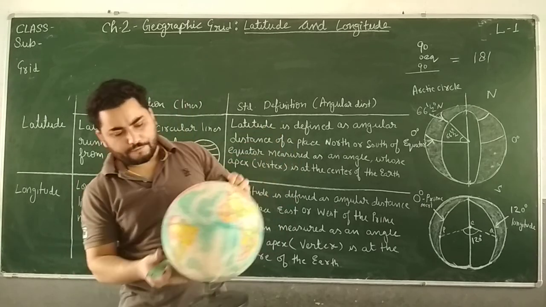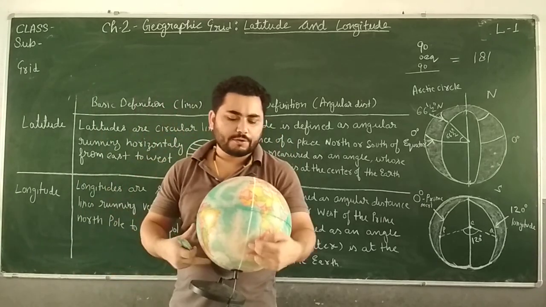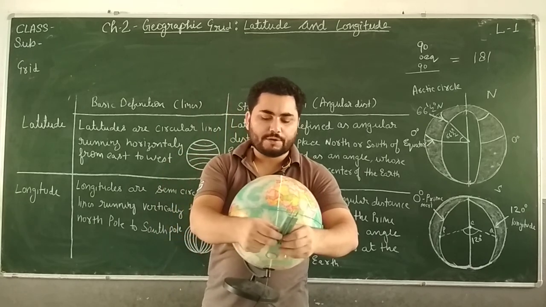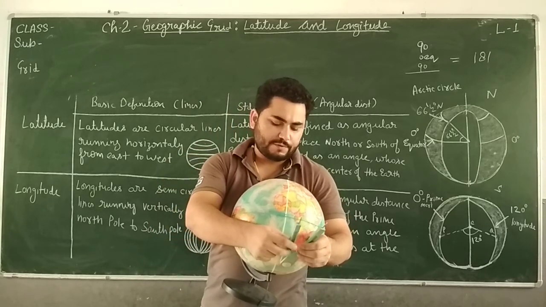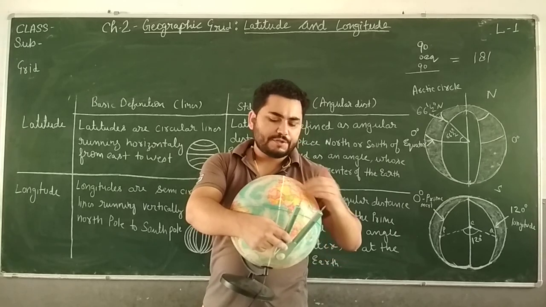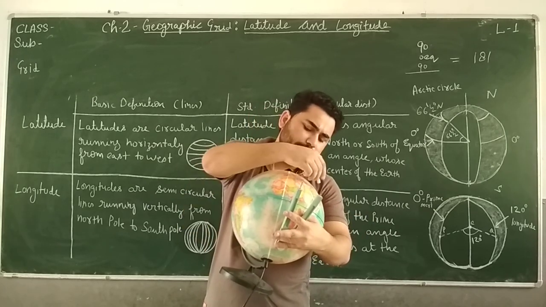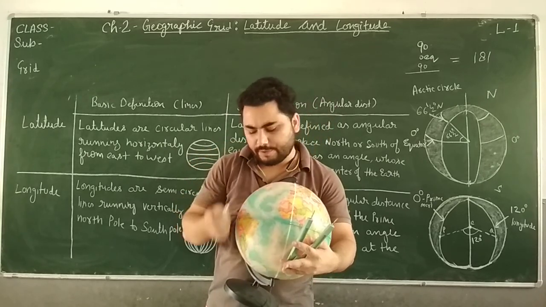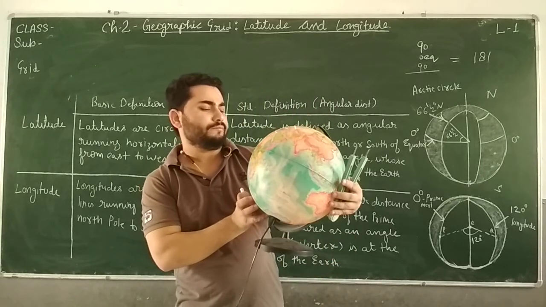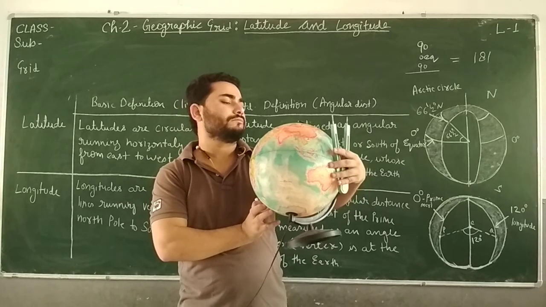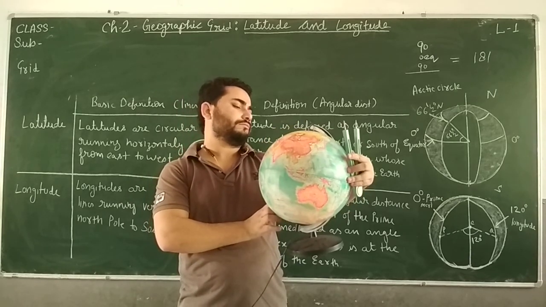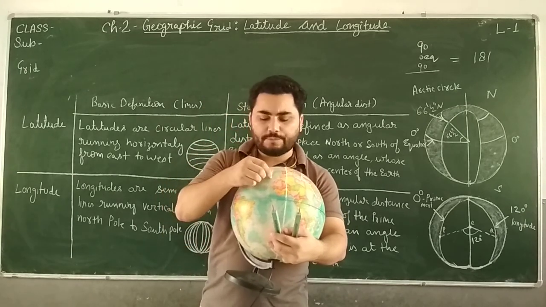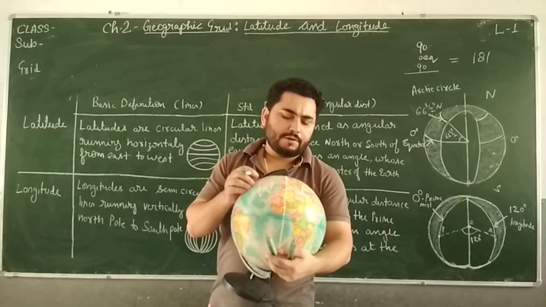Now if we measure from the center of the earth, keeping this vertex at the center, and measure like this, this will be east, and this will be west of the prime meridian.